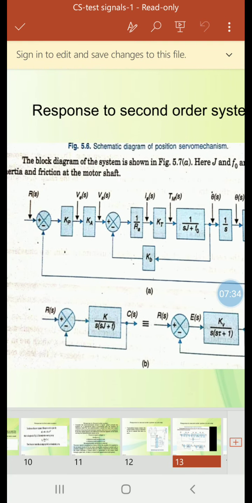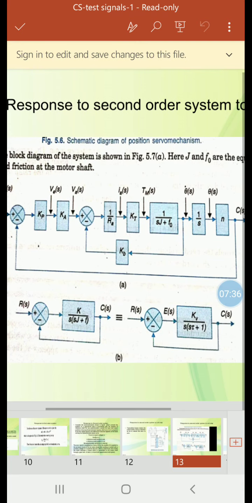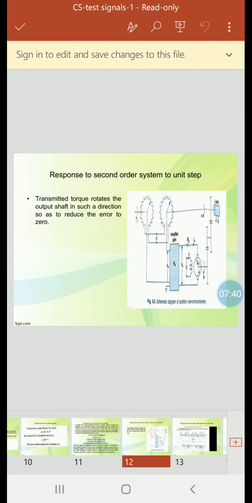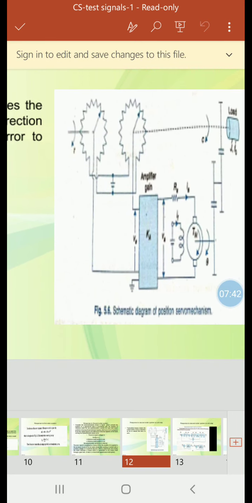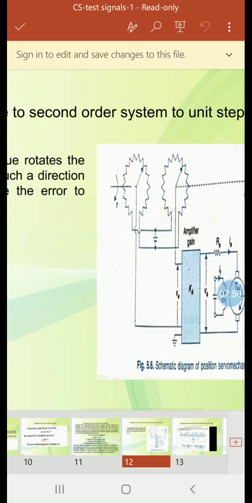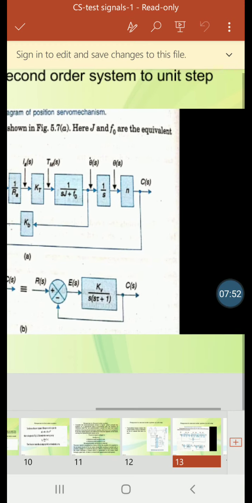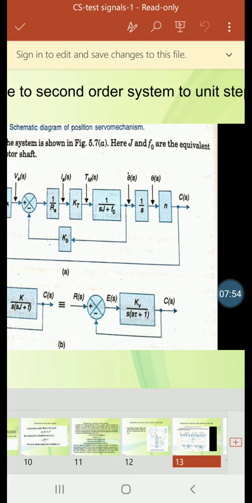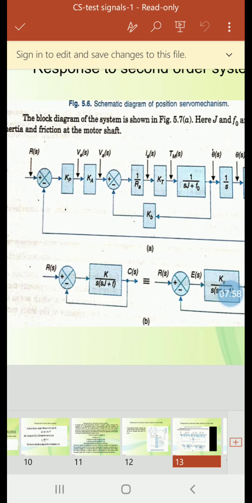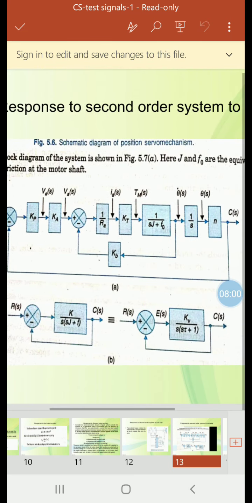Next, this diagram represents the block diagram of the servo mechanism system. Here there are two terms used, J and F naught.